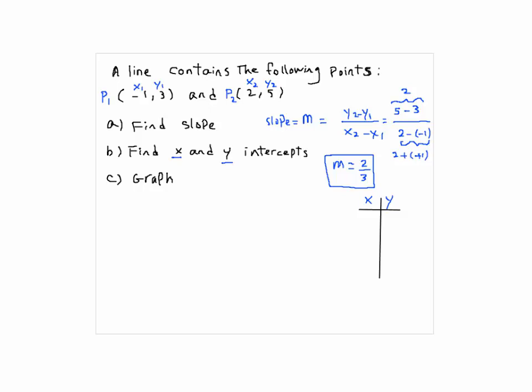Okay, you let x equal to 0, solve for y. That gives you the y-intercept. You let y equal to 0, solve for x. That would give you the x-intercept. But we need to write down the equation of the line first, right?